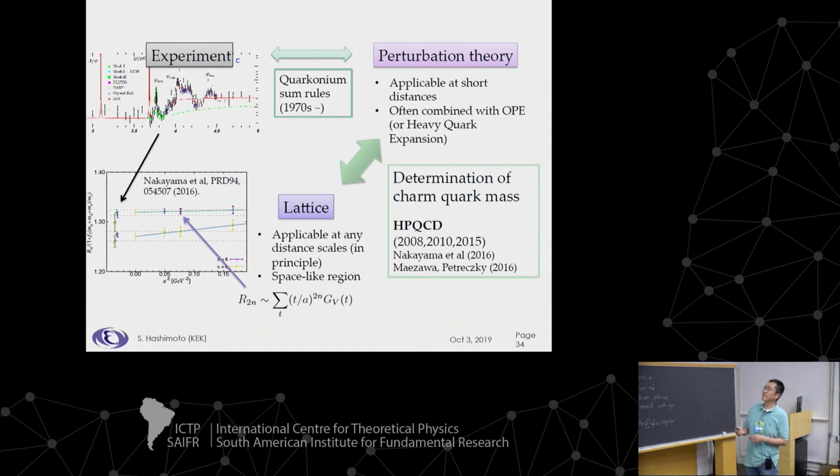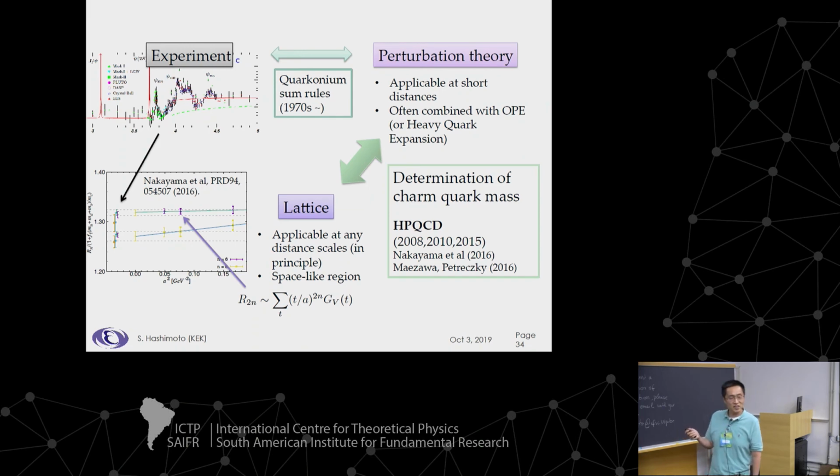So it is done here, and the phenomenological analysis uses this experimental data to obtain the charm quark mass, for instance, or alpha s, by comparing the experimental data and the perturbation theory, and that already started in the 1970s. But in the lattice community, the same quantity was first used by the HPQCD collaboration to determine the charm quark mass and alpha s.